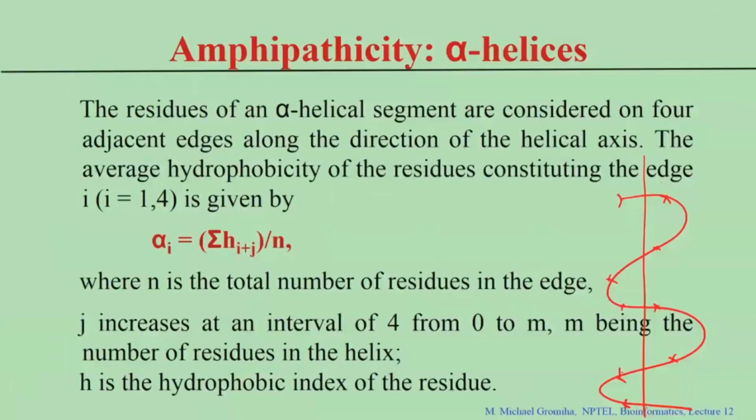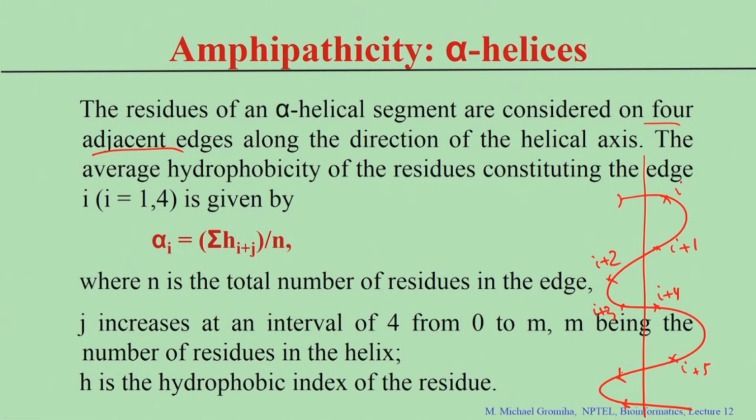If this is I, then this is I plus 1, I plus 2, I plus 3, I plus 4. So, you can see the periodicity, I plus 5. Between this I and I plus 4, this 1, 2, 3, 4 and this 5, 1 and 5 will be in the same phase, and likewise you can see 2 and 6. So, if you have a helical segment, you can make 4 adjacent edges, and put 1, 2, 3, 4 in the direction of the helical axis.